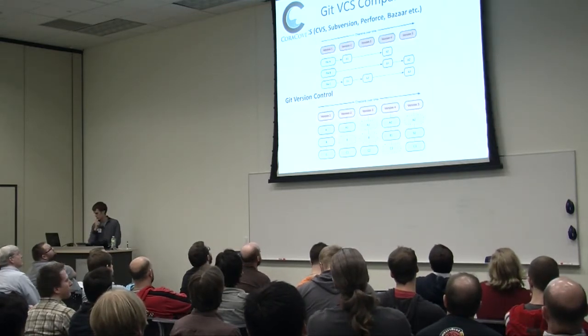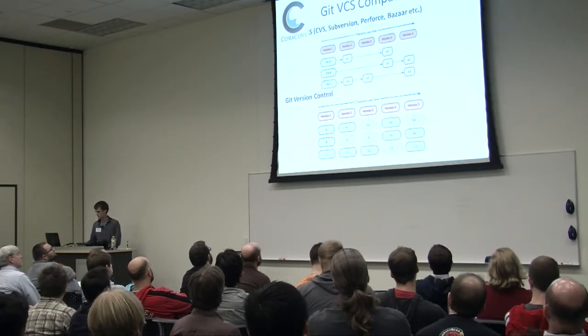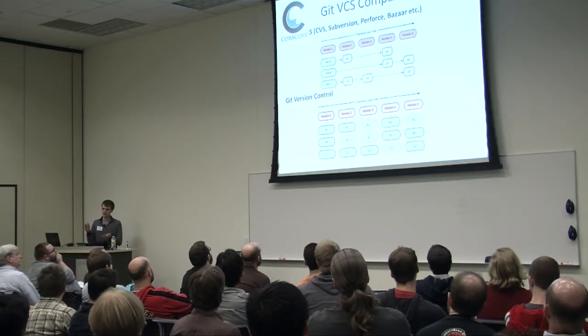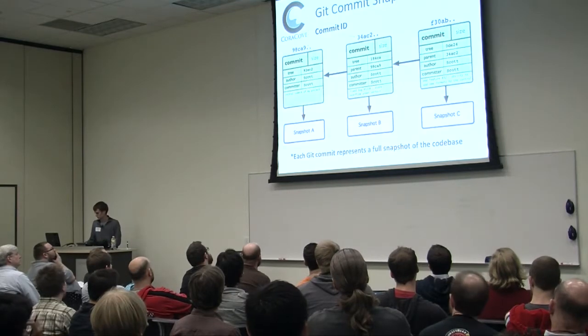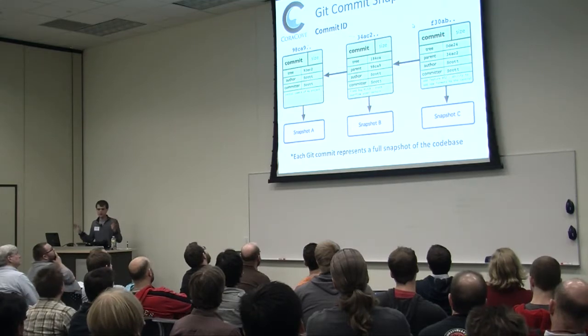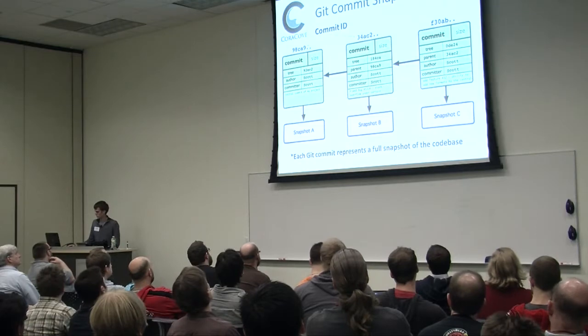In the comparison of traditional VCS versus Git, you can see Git is really taking snapshots, and it doesn't actually write the files again. It just makes symbolic links if the file is the same. It works with these commit IDs, and I know a lot of you know all this. I'm just going to breeze over it quickly for people that don't.